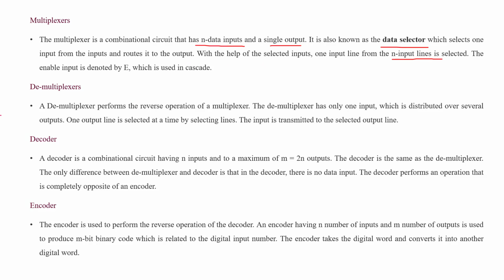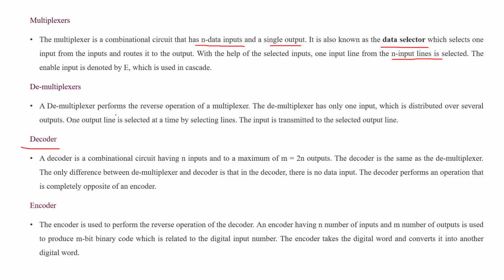And demultiplexers: a demultiplexer is nothing but the opposite of a multiplexer. Normally I say to read multiplexers and demultiplexers together, and decoders and encoders are opposite terms only. If we read decoders, we automatically come to know the encoder terms.